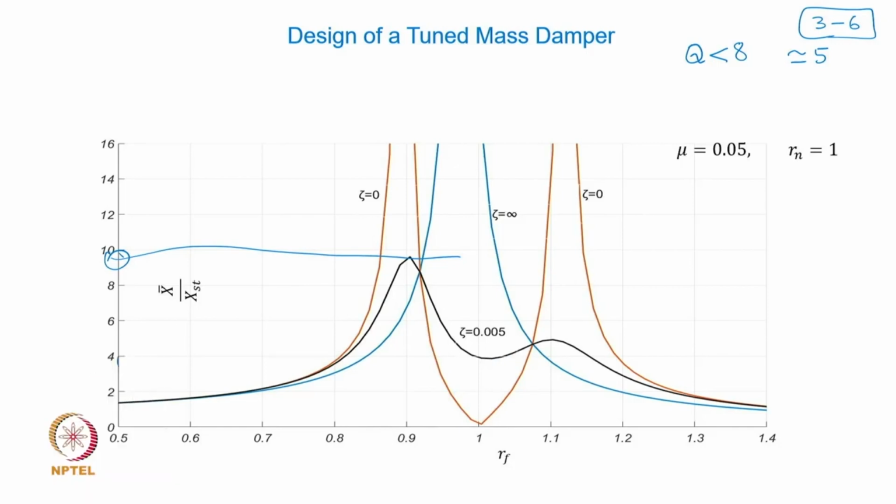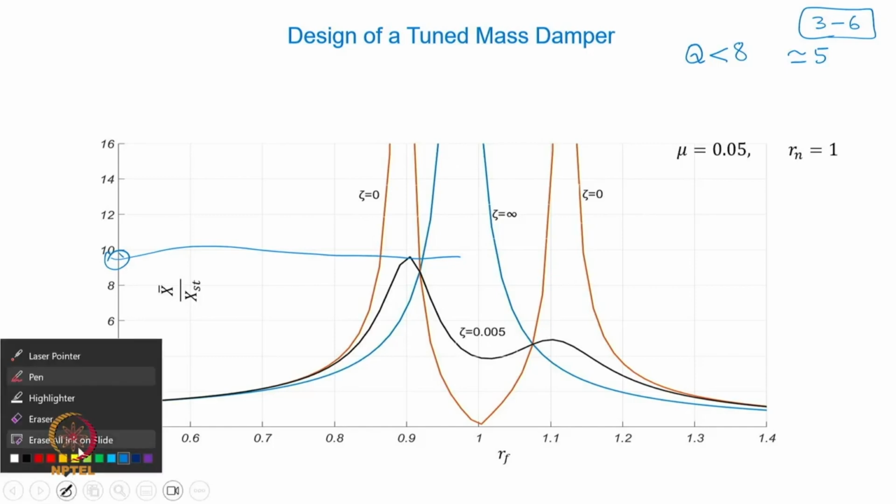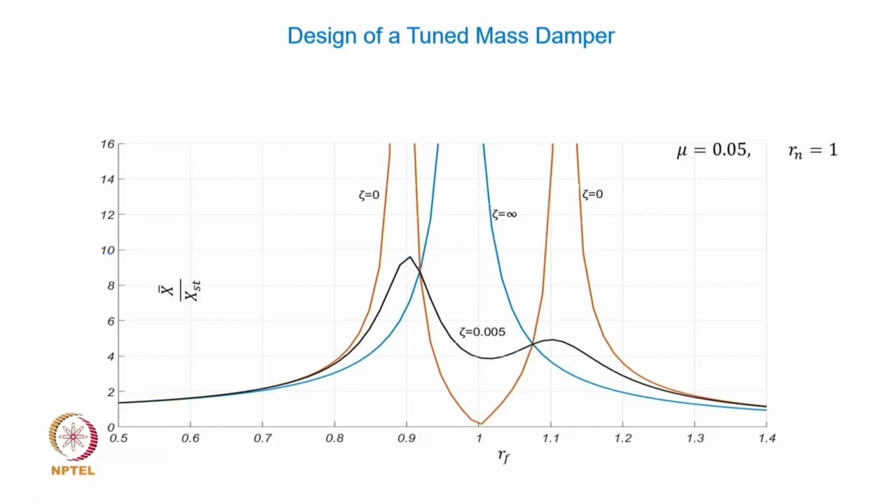So in that sense, tuned mass damper is going to be a nice design to be implemented for containing vibrations. The only issue here is that for different levels of damping, you should be aware that sometimes this graph can really become steep, and maybe this will become like that.